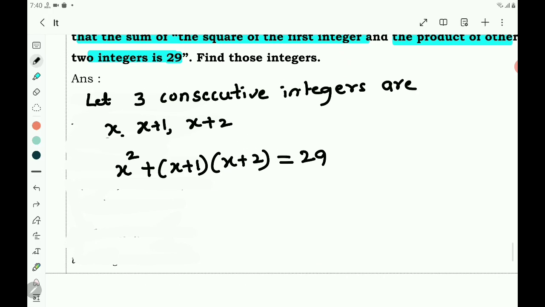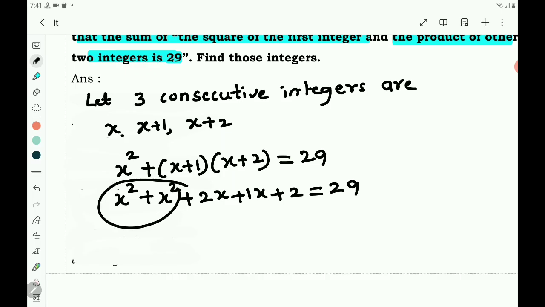Now you write x square as it is, plus find the product of these two. Multiply x plus 1 and x plus 2. X into x, x square. X into 2, 2x. 1 into x, 1x. 1 into 2, 2 equals 29.